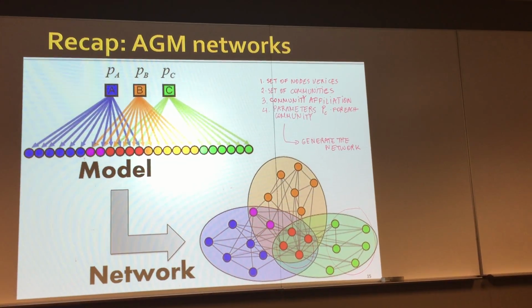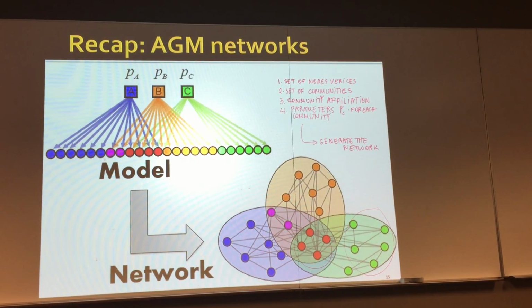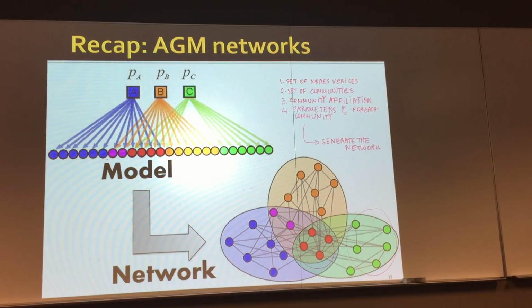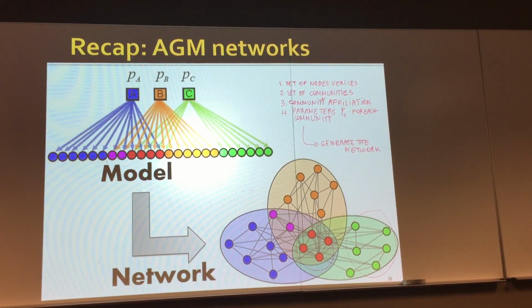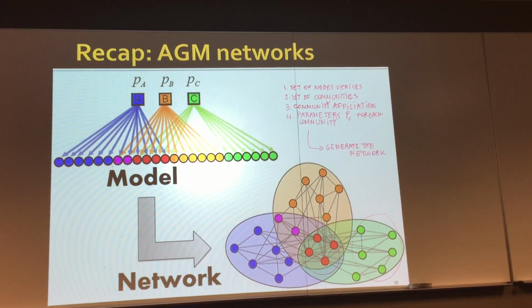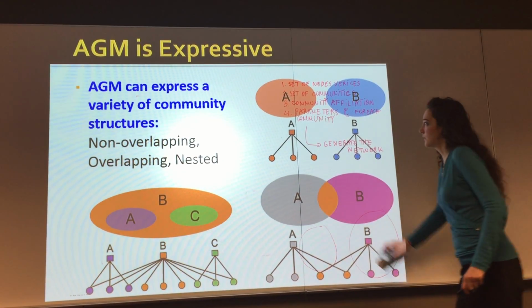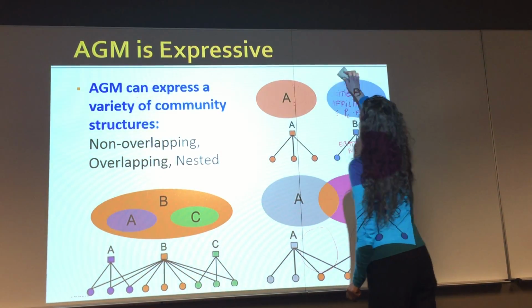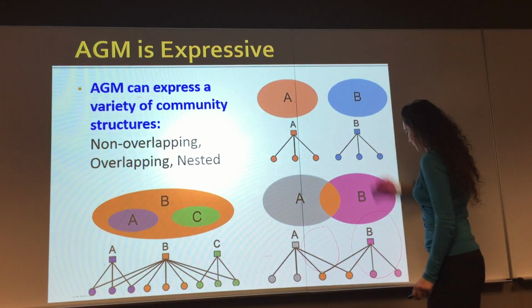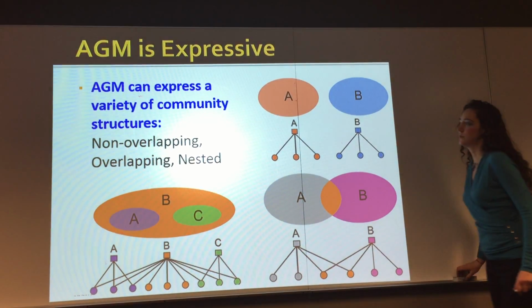What kind of network structures can we have in terms of thinking about these communities? We have seen so far two models. The first one is non-overlapping clusters, or communities that do not overlap with each other.